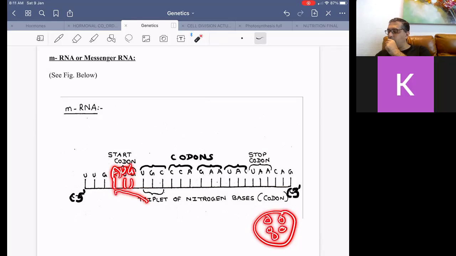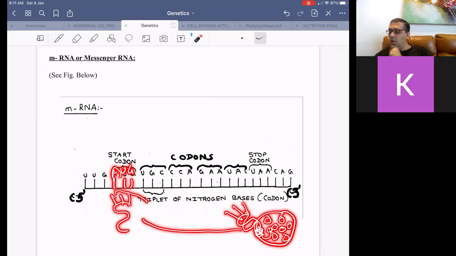If it is AUG, the message goes into the amino acid pool. The amino acid pool has 20 types of amino acids, and a tRNA will pick up an amino acid and deliver it into the ribosome.